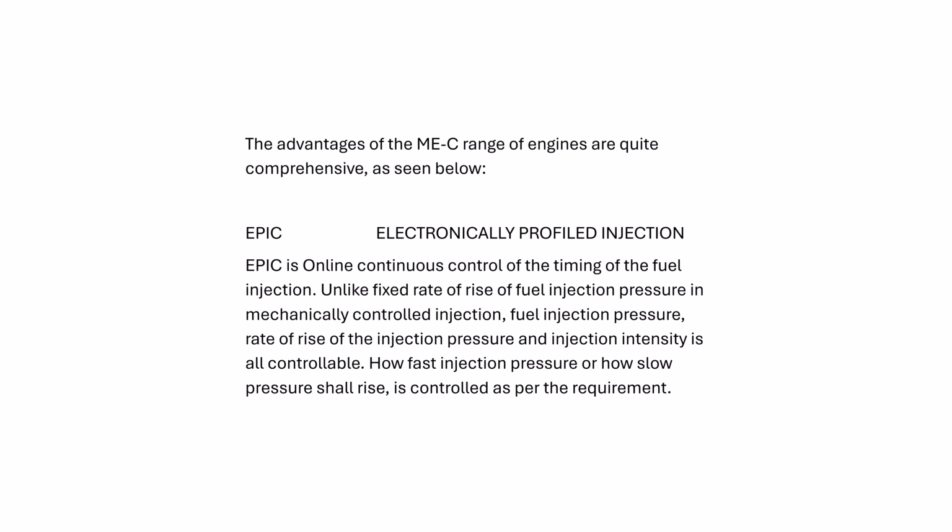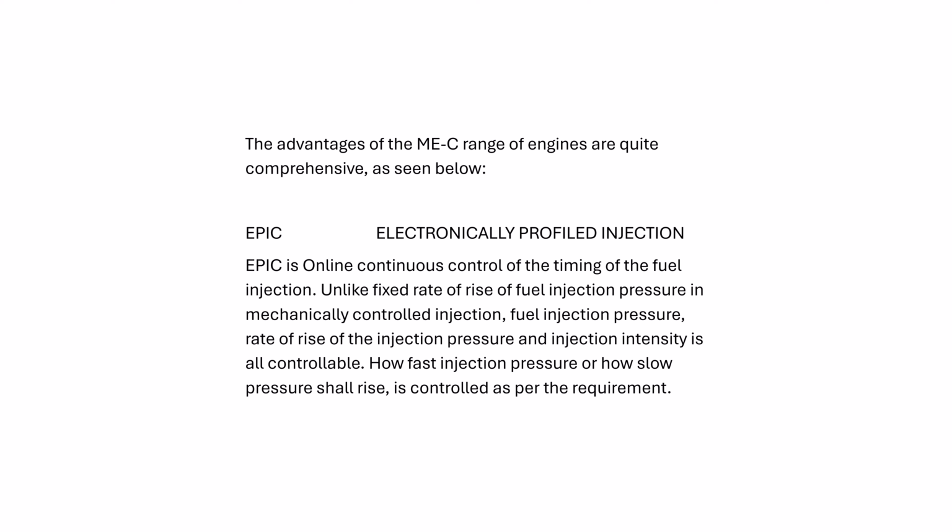So the advantages of the MBC engine are now quite comprehensive. Let us go through it once again. Electronically profiled injection. EPIC is online, continuous control of the timing of the fuel injection. Unlike the fixed rate of rise of injection pressure on mechanically controlled injection, the fuel injection pressure, rate of rise of injection pressure, and injection intensity are all controllable parameters.